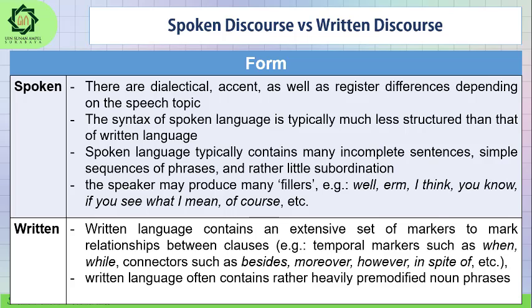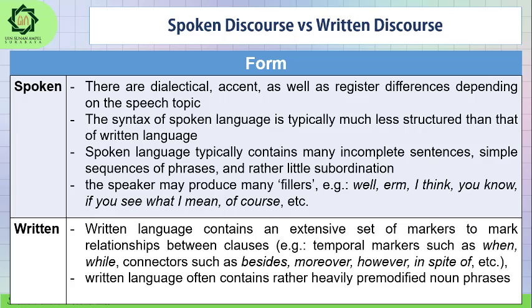And the next is the form. In spoken discourse, there are differences in dialects, accents, as well as registers, depending on the speech topic. And then the syntax of spoken language is typically much less structured than written language.